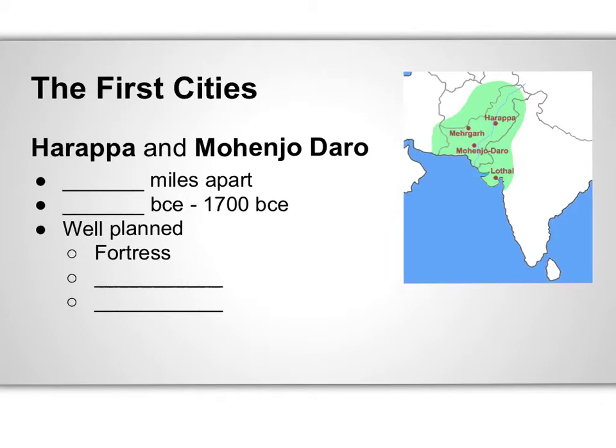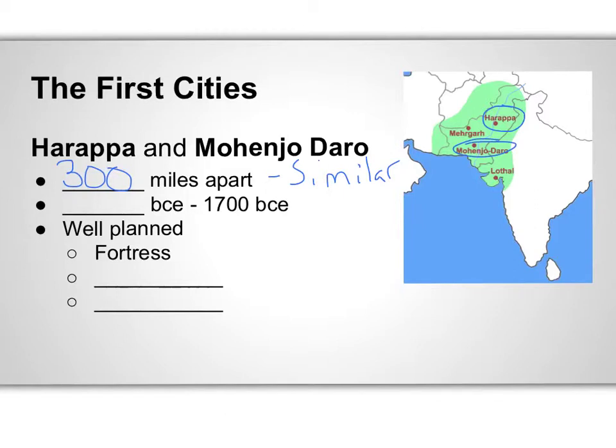So the first cities in India, the cities that we know the most about, were Harappa and Mohenjo-Daro. Again, here's that same map. These are the best preserved cities. They are about 300 miles apart, but they are very, very similar, which tells us that the society was pretty much the same.